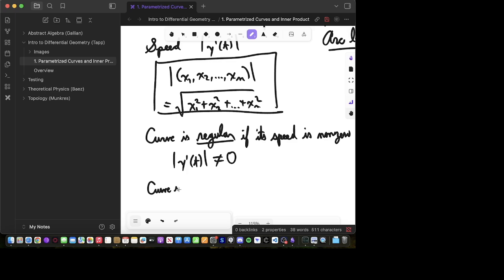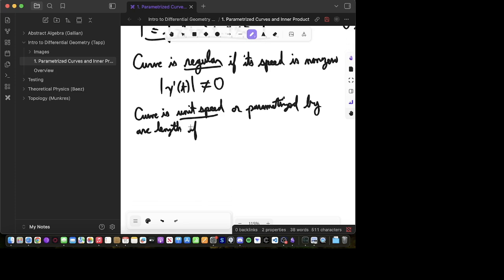And a curve is unit speed, or parameterized by arc length, if its speed is always equal to 1. So that's basically a couple of definitions that you might find useful.